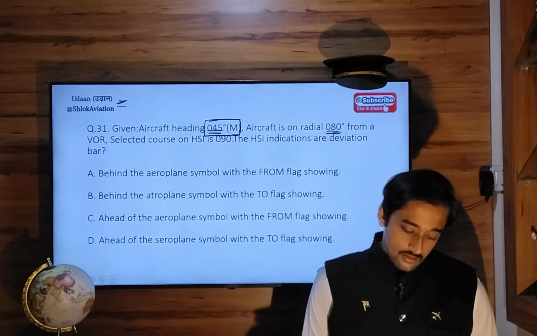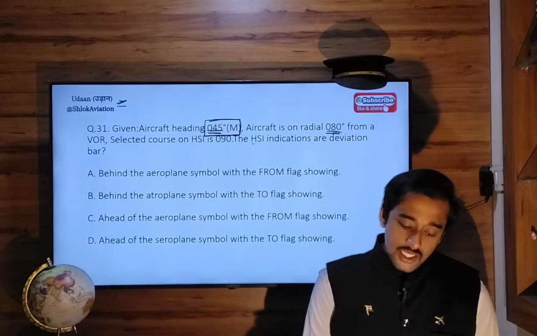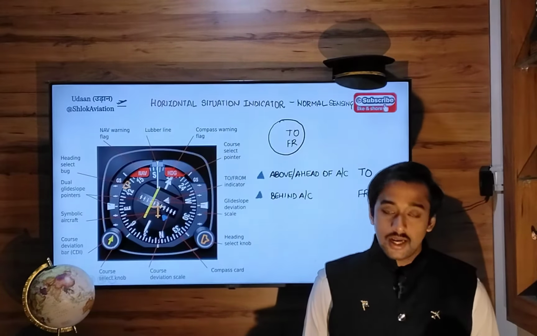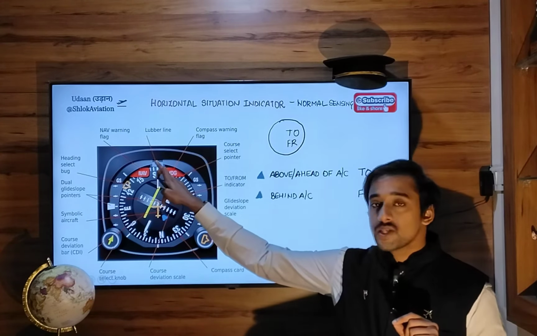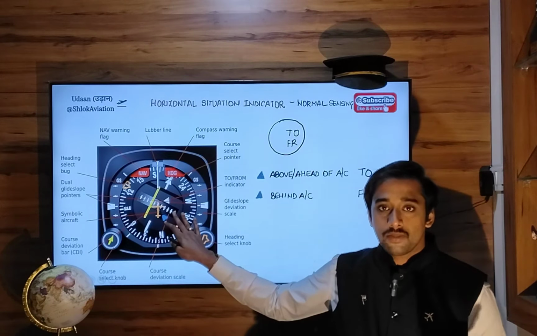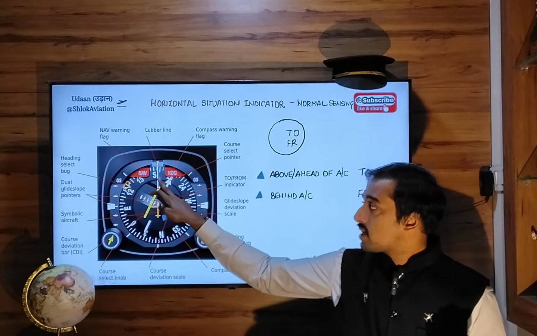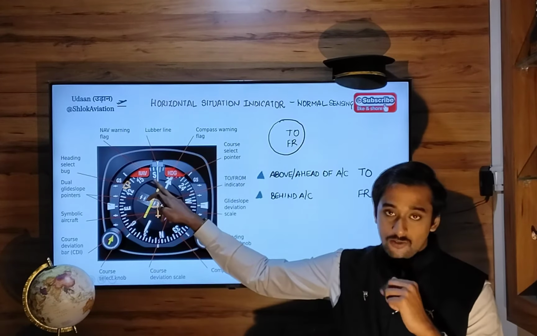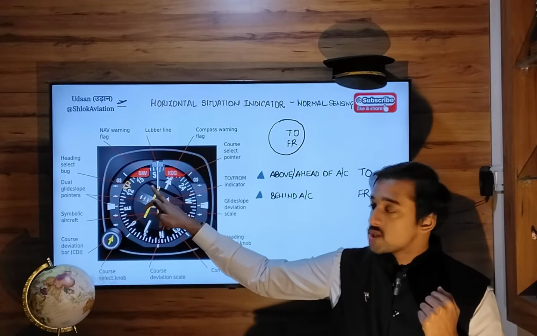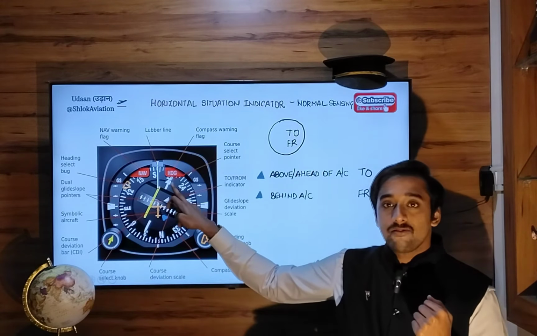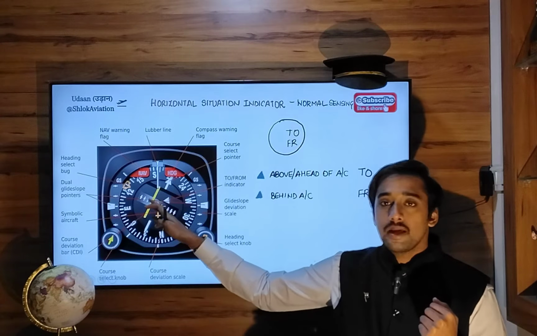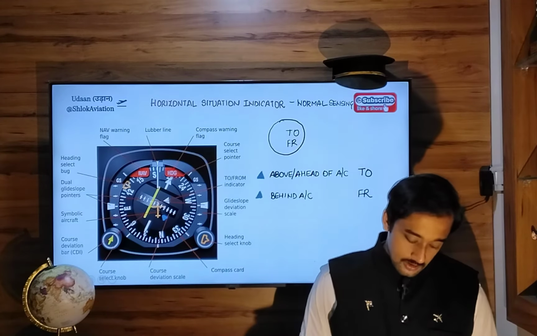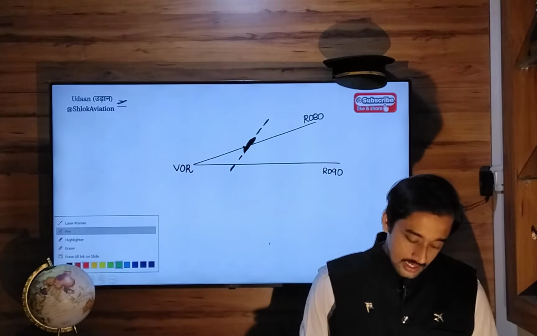Next, what will HSI show? First of all, it will show a magnetic heading of 045. Now this is just for understanding. In place of this, there will be 045 shown. The course pointer will be towards 090 and the CDI needle will be left or right. We will see that now. So let's draw that HSI.